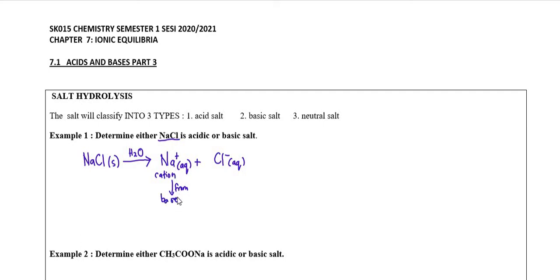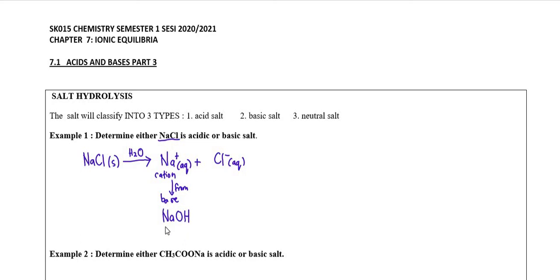Okay, so you pilih base yang suitable menghasilkan Na+. So I take base yang sesuai untuk menghasilkan Na+ adalah sodium hydroxide.